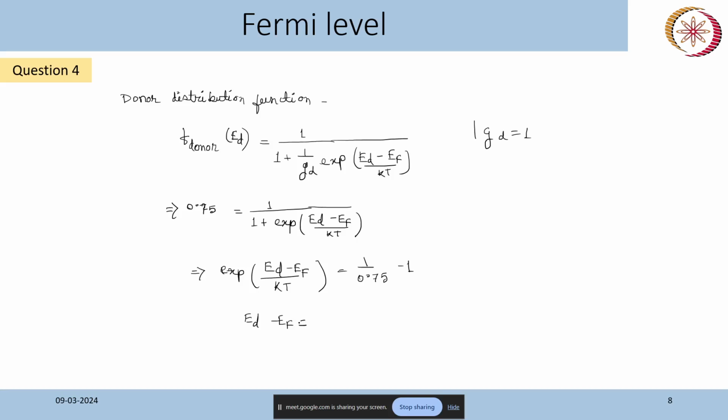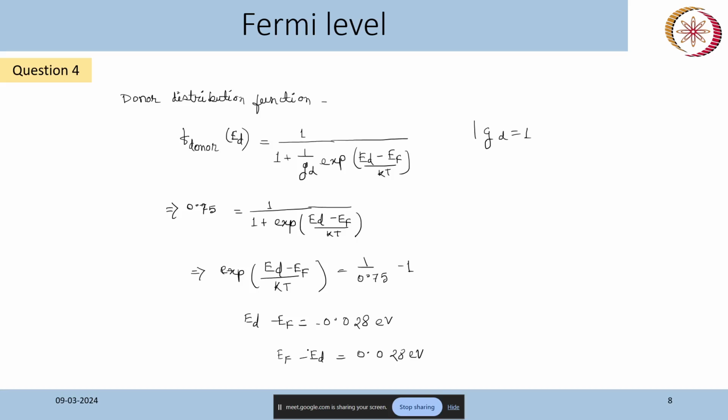Let me do it here. Okay, so here we are getting minus 0.028 EV. So again we are getting EF minus ED as a positive quantity, 0.028 EV.